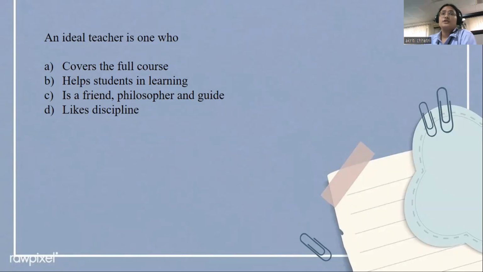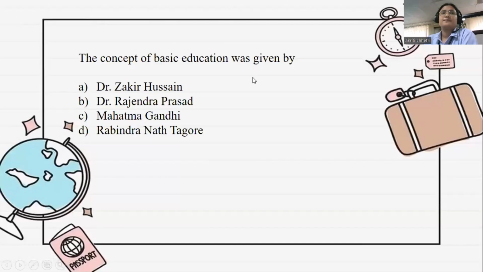Is a friend, philosopher, and guide. Yes, and likes discipline. Of course, an ideal teacher likes discipline, but the most appropriate answer here is a friend, philosopher, and guide. Because a teacher is a friend of a student, the philosopher, and a guide, the one who shows the right path to their students.